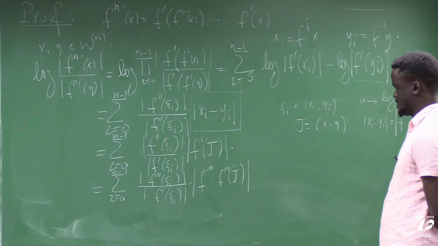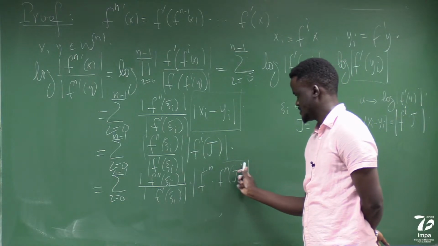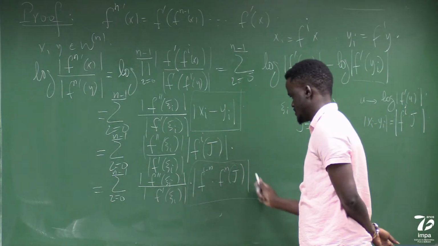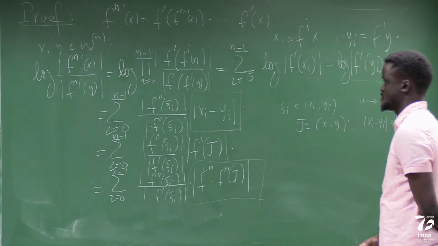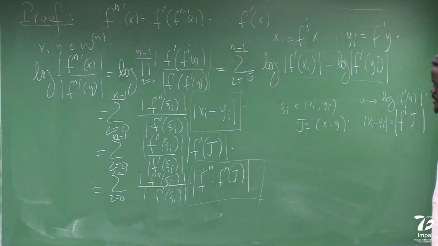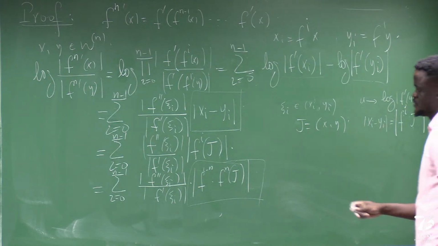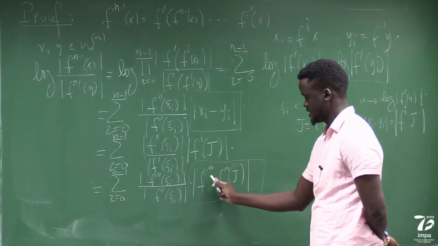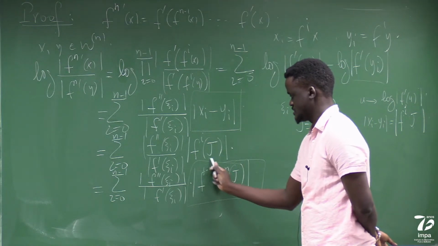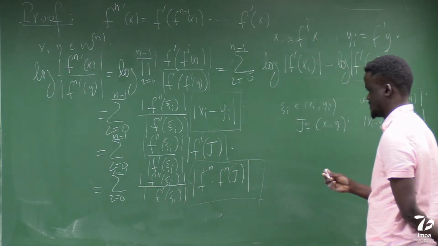And what is good here is that you can see that this point will be the size of this interval. Using the mean value theorem again, it will be bigger than c. So this is what I'm saying.